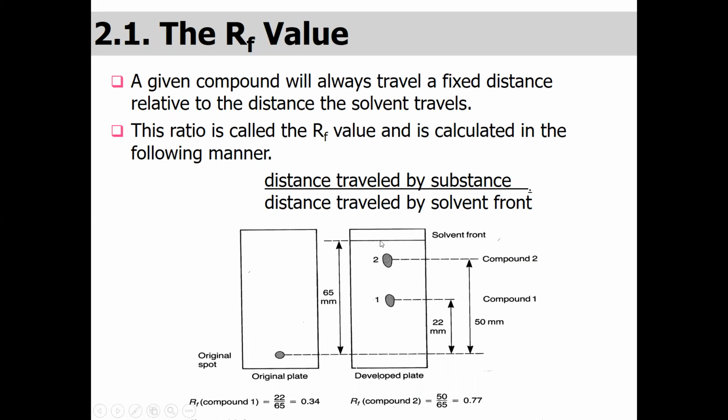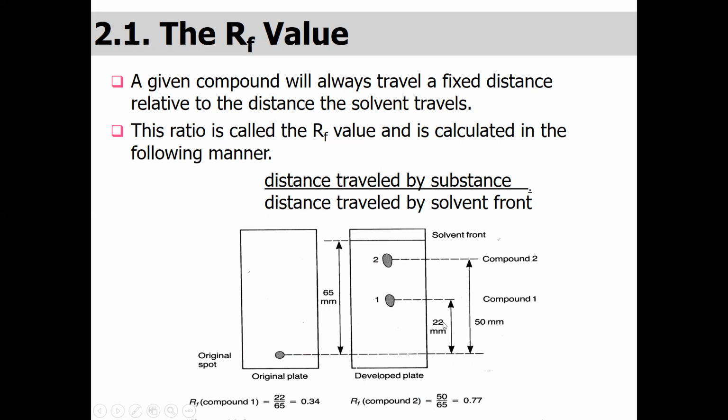Now this is the distance traveled by the solvent and these are the distances traveled by the components. We always take the center of each spot and measure its distance from the starting point. Let's say, for example, this is 22 millimeters traveled by compound 1 and 50 millimeters traveled by compound 2, and the total distance traveled by the solvent is 65 millimeters.